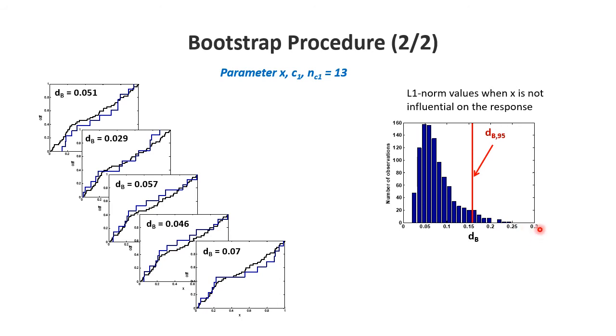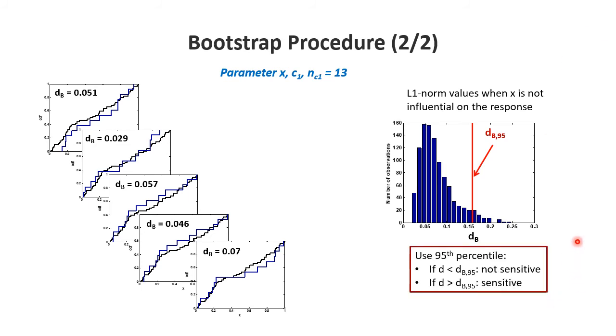Here we see that 95 percentile. But you can see clearly, for example, if my distance was 0.3 or 0.2, like was shown in the previous case for X and Y, then I would say that's sensitive. If I'm below that threshold, I would say that's not sensitive. So here, for example, this D of 2.87 is sensitive. Well, if you look at Z, it would be somewhere in these 0.05 ranges, and so it is not sensitive.